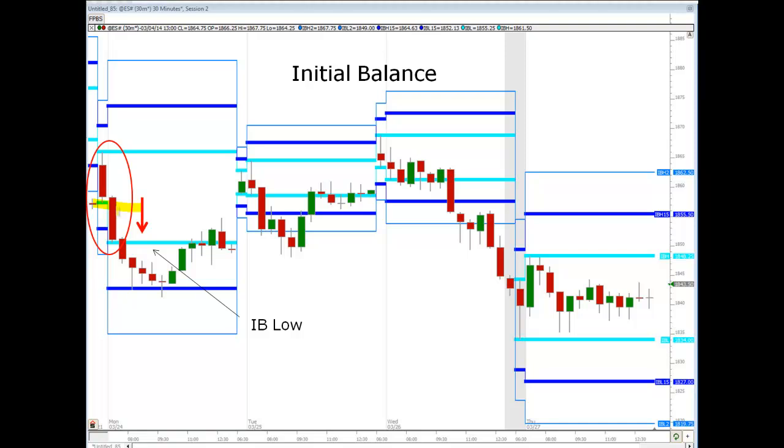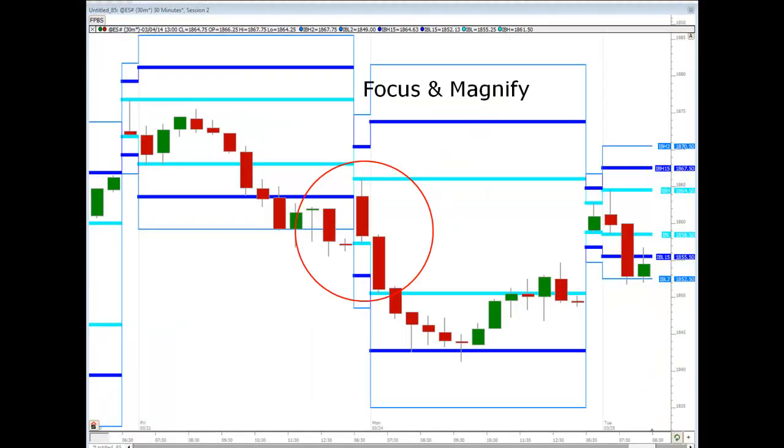I prefer techniques that you will see now that use more of a structured analysis of what's going on in the market and what's happening in price. So let's take a closer look at what's happening here during the initial balance period.